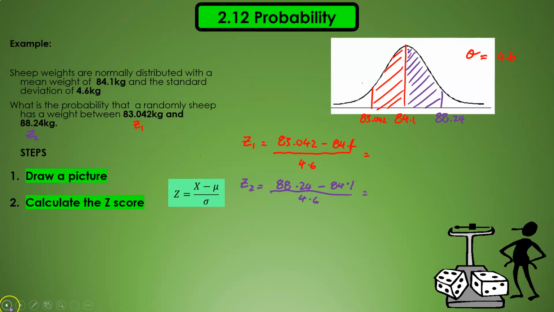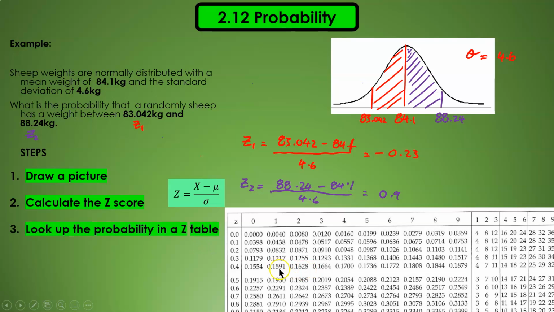So we put those numbers in the calculator. For Z1, the red, we end up with minus 0.23. Z2 for the right, and purple, we end up with plus 0.9. The next thing to do is have a look at our table and then find the values.